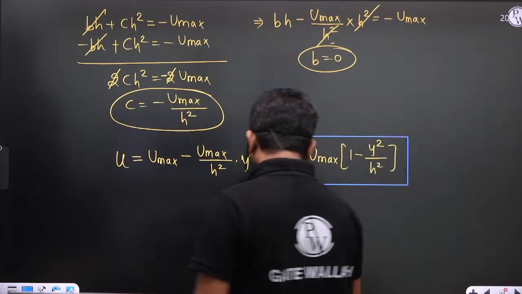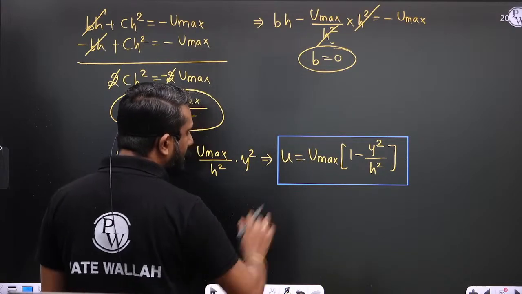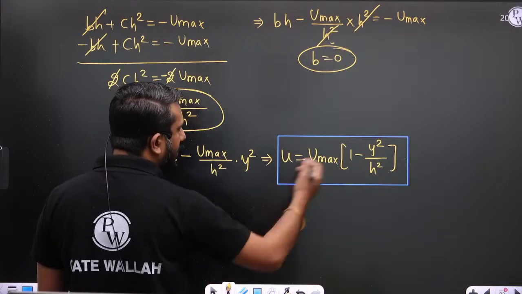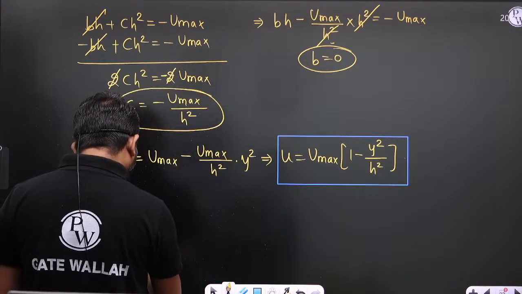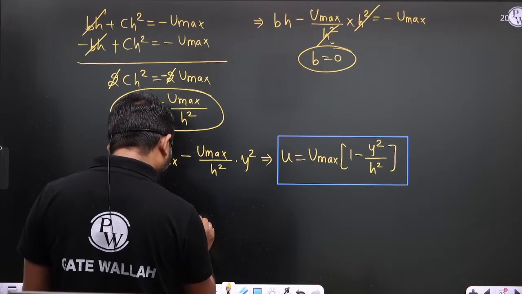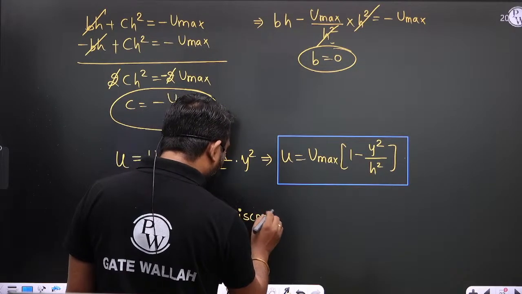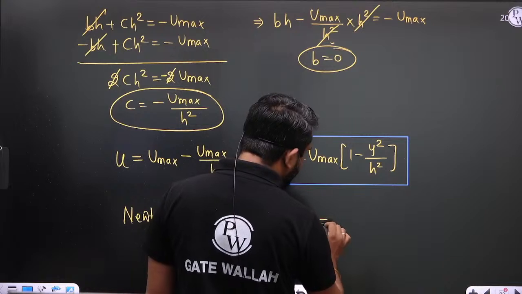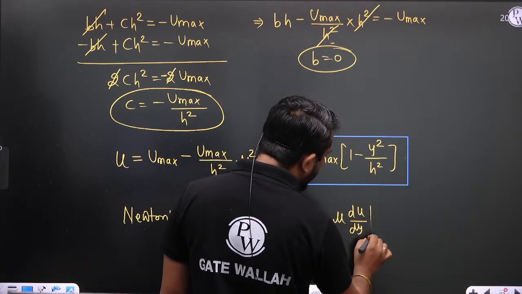And if you apply Newton's law of viscosity, the velocity variation is parabolic. Velocity variation is a second degree parabola. Now, applying Newton's law of viscosity, the shear stress experienced by any layer is mu du by dy at that y.